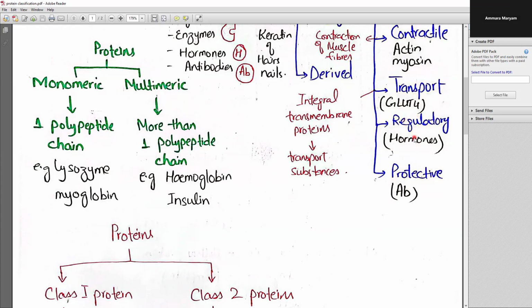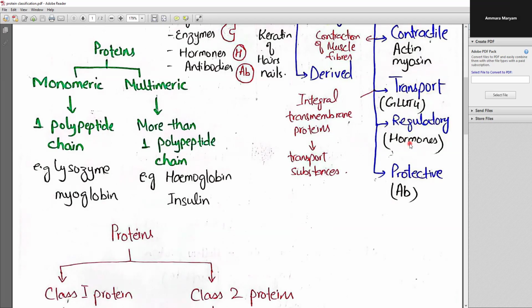The next category is the regulatory proteins, or you can say the hormonal proteins. These are the proteins in our body which can act like a hormone. For example, insulin is a hormone which brings down the blood glucose level, right? So insulin functions like a hormone, but chemically it is a protein.